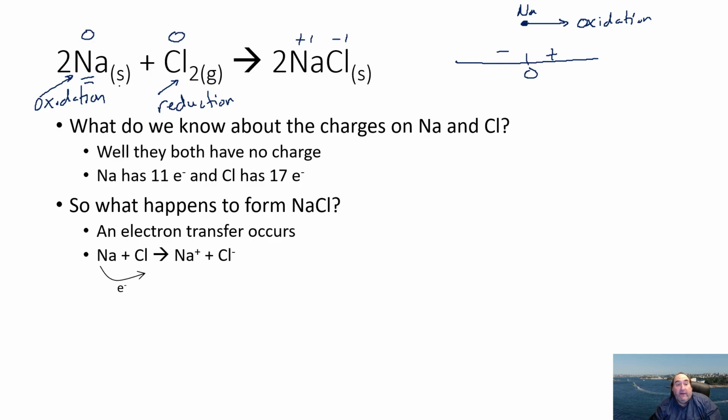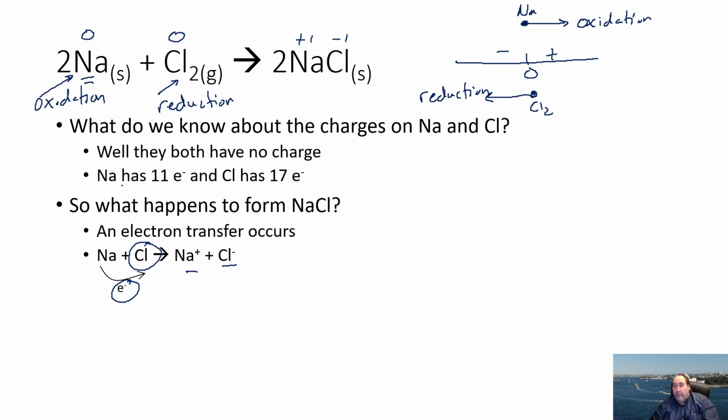Now, we can also figure it out for the chlorine. The chlorine is starting at 0, which is here, and it is ending at -1. So it's moving in this direction, becoming more negative, and that agrees with what we just said. It is going through reduction. So what is essentially happening here is the sodium is dumping off its electrons to the chlorine. At that point, they both gain a charge, and they're going to make that sodium chloride.